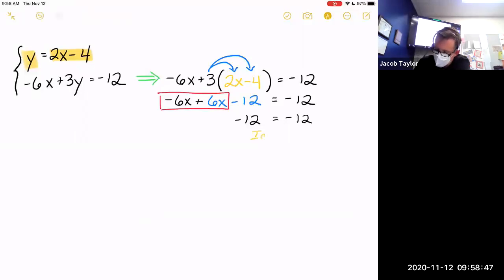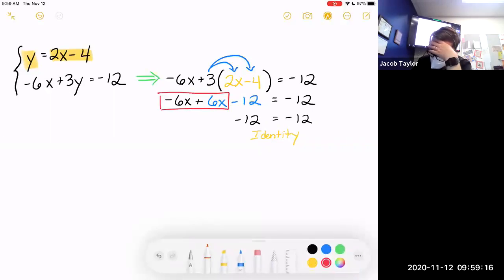This is called an identity. When something is equal to itself, negative 12 equals negative 12. I hope I'm not blowing anybody's mind by telling you that negative 12 is in fact the same thing as negative 12. When you end up with something like this in a system of equations, negative 12 equals negative 12, what this means is our two equations were the same.